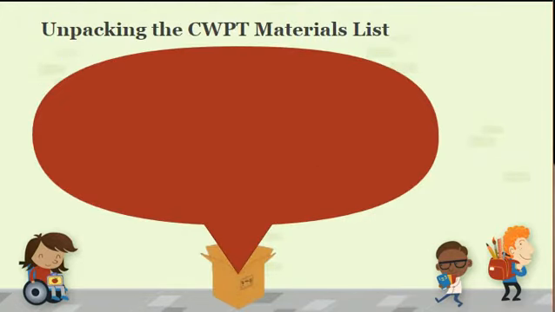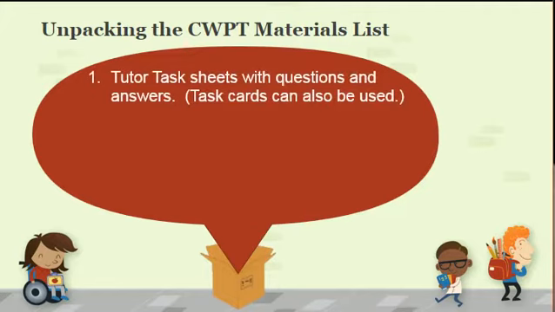The following is a list of materials needed for this strategy. The tutor task sheet complete with directions about what skills are to be practiced, one set per pair. Score sheets, one per student. The task sheet and the score sheet can be combined into one or be two separate sheets. Help cards, which are used when students get stuck.